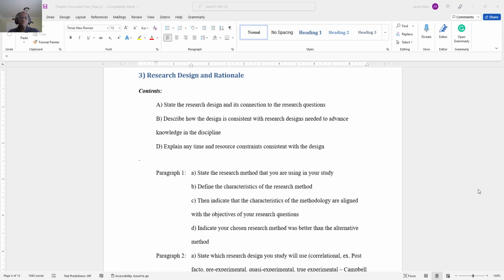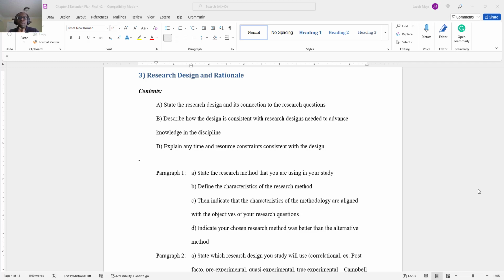And then once you do that, the last thing that you need to do in this paragraph is you need to indicate why the method that you chose is more appropriate than the method you did not choose for your study.